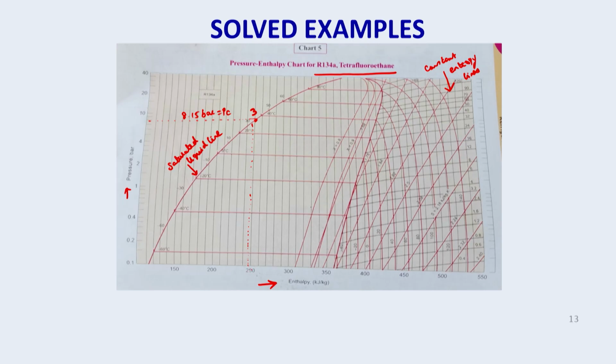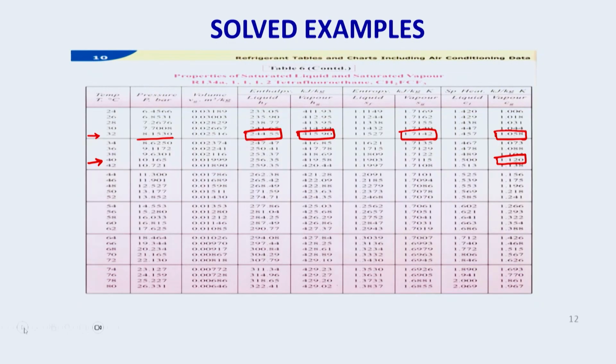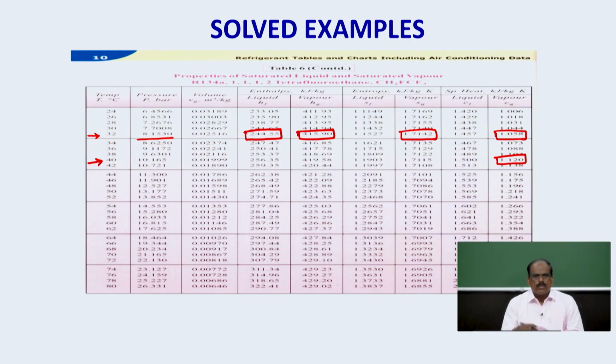The next dark line is 250, so it comes around 245 kilojoule per kg. When we compare with the value from the table, it is 244.5. Of course, when learners are using the chart, it is suggested to use a scale and pencil and mark the point properly.